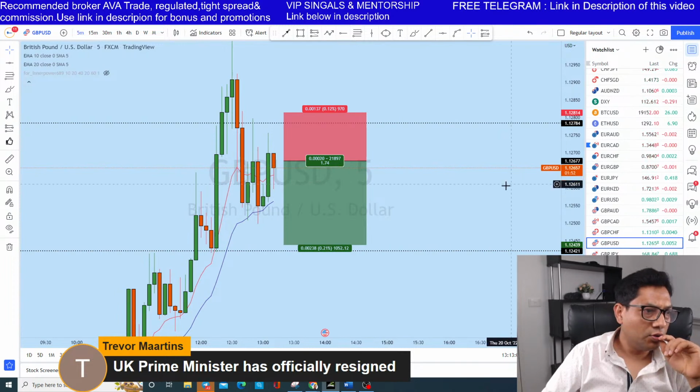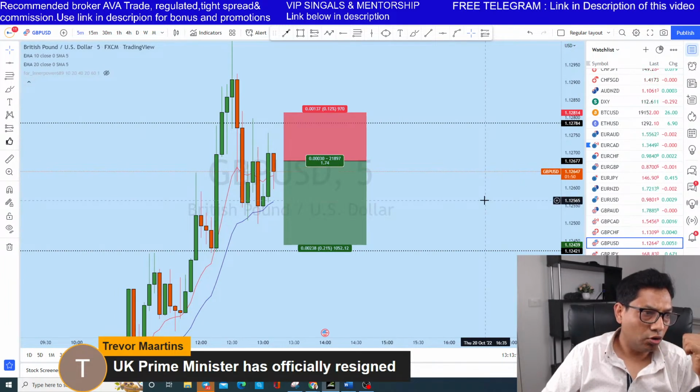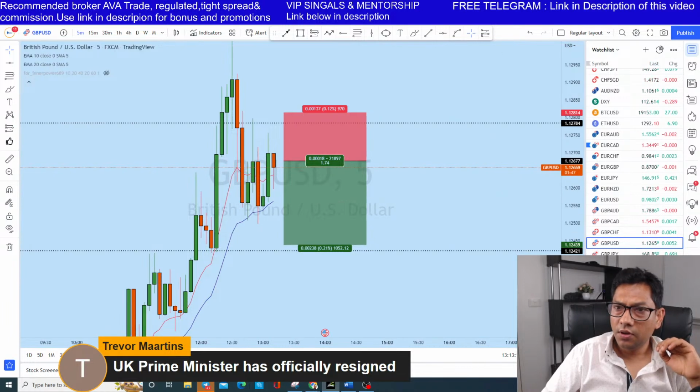Okay, so I'm going to do some scalping on the 5 minute chart on GBPUSD now. GBPUSD is sold by market. Stop loss 1.128.